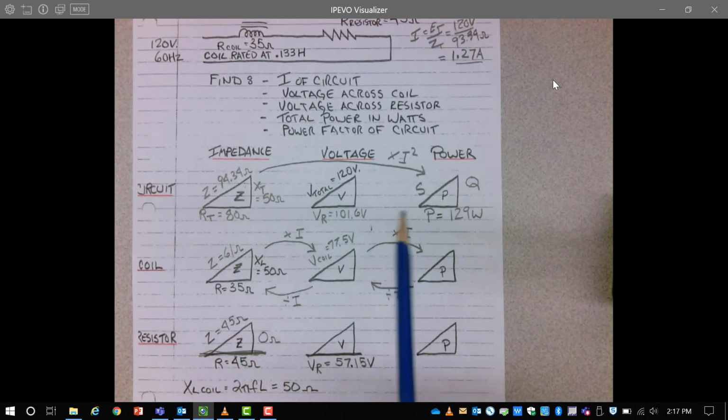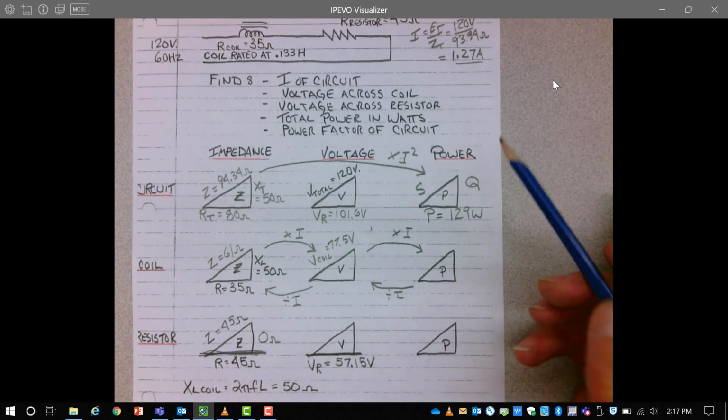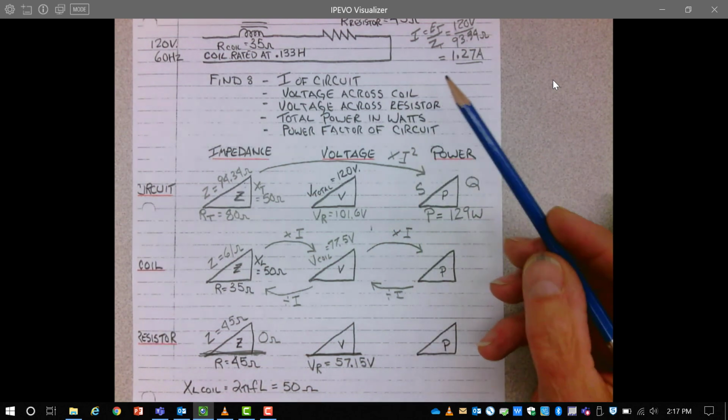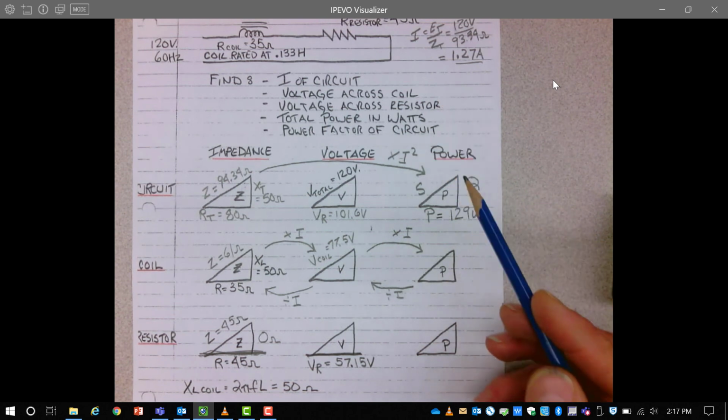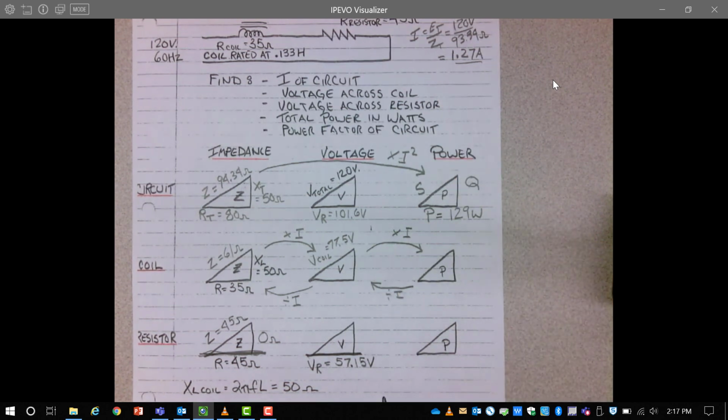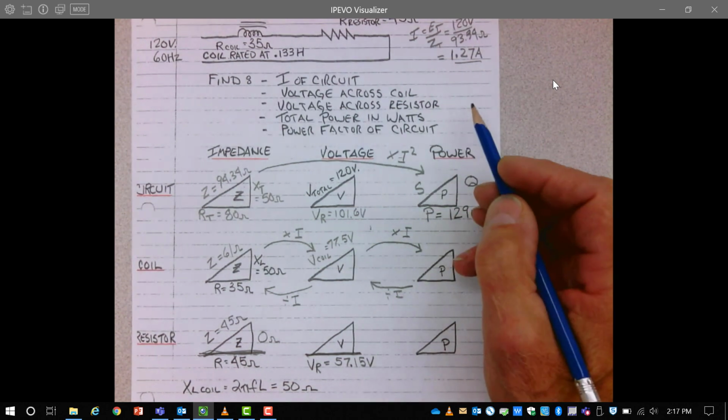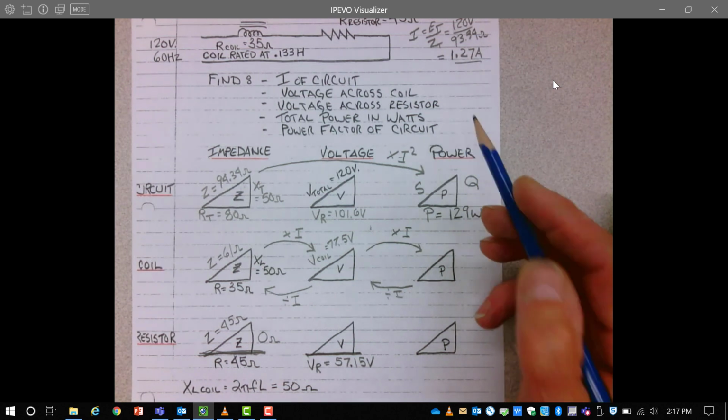So that's how you can use these triangles to find the values that we're looking for in the circuit. We have found the current of the circuit, the voltage across the coil, the voltage across the resistor, the total power in watts of the circuit.